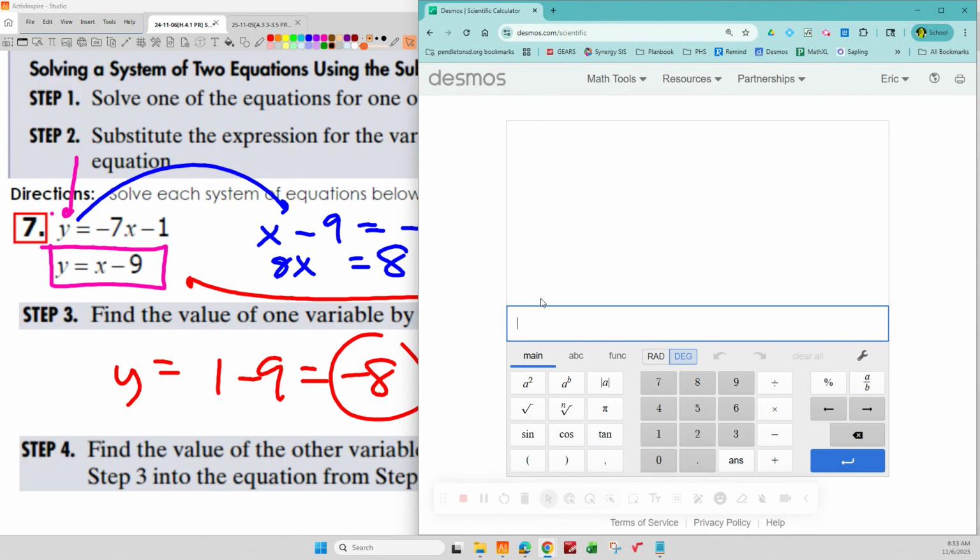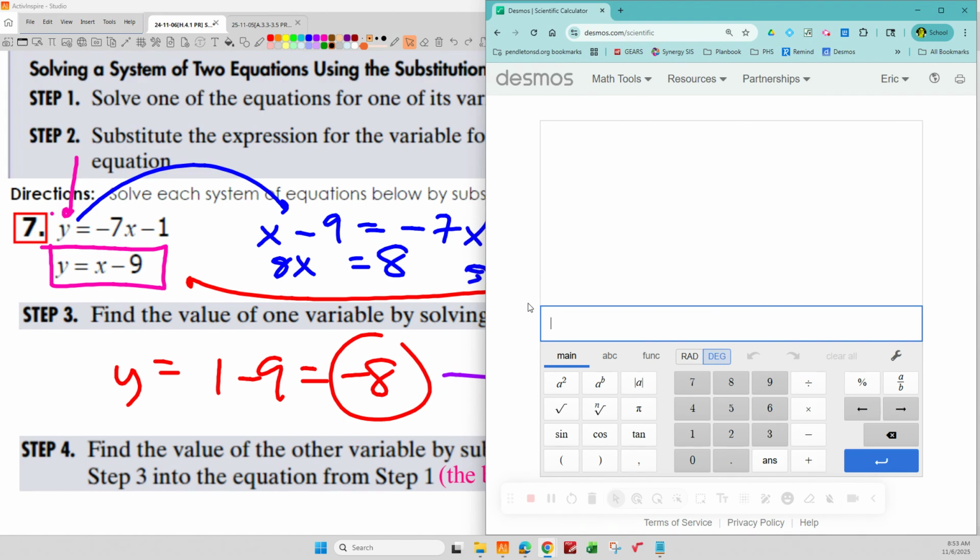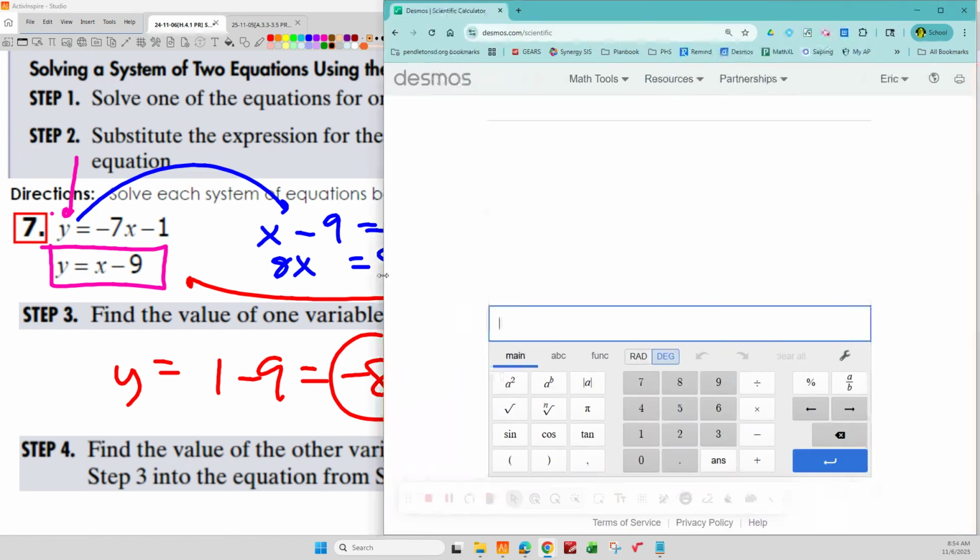Okay, so if I want to do this, remember, I could always just plug in numbers, right? I could just go up here and plug in, what's my ordered pair again? 1, -8. I could just literally plug in -8 and 1 and see if it works.